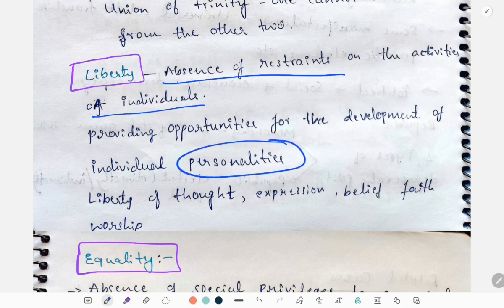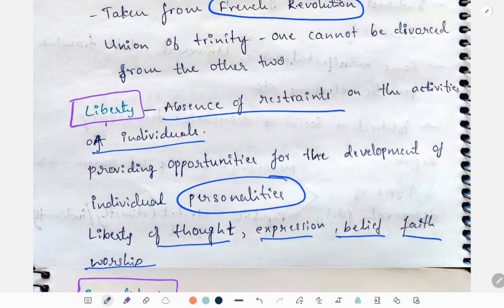It covers liberty of thought, expression, belief, faith and worship. Liberty doesn't mean license to do what one likes, and it has to be enjoyed within the limitations mentioned in the Constitution itself.